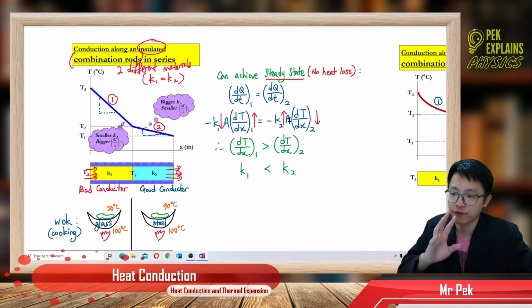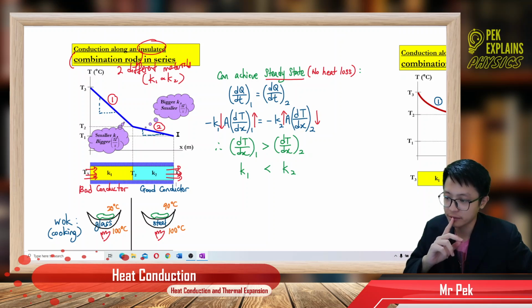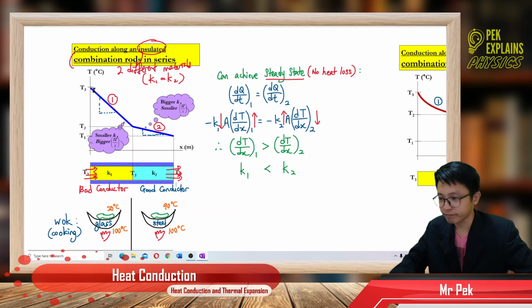So how does this affect the temperature gradient? You see, the heat still flows from high temperature to low temperature. T3 is still the hot temperature, the very high temperature, and T1 is the cold temperature.